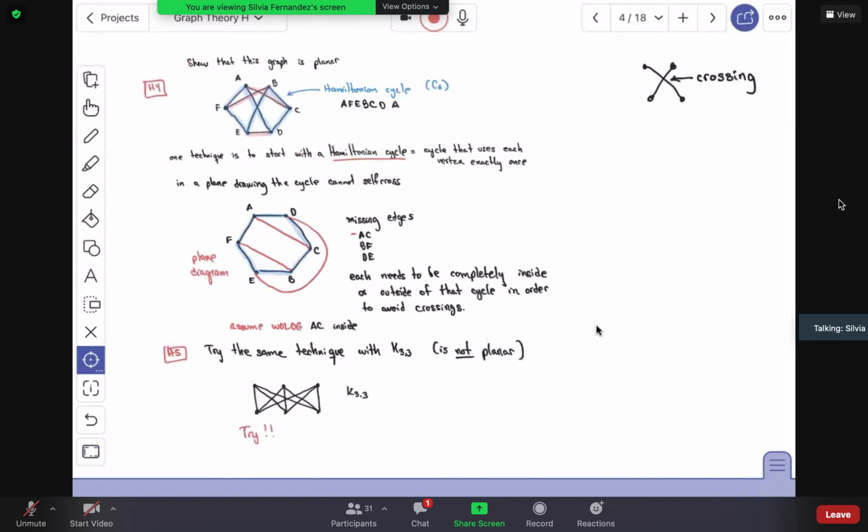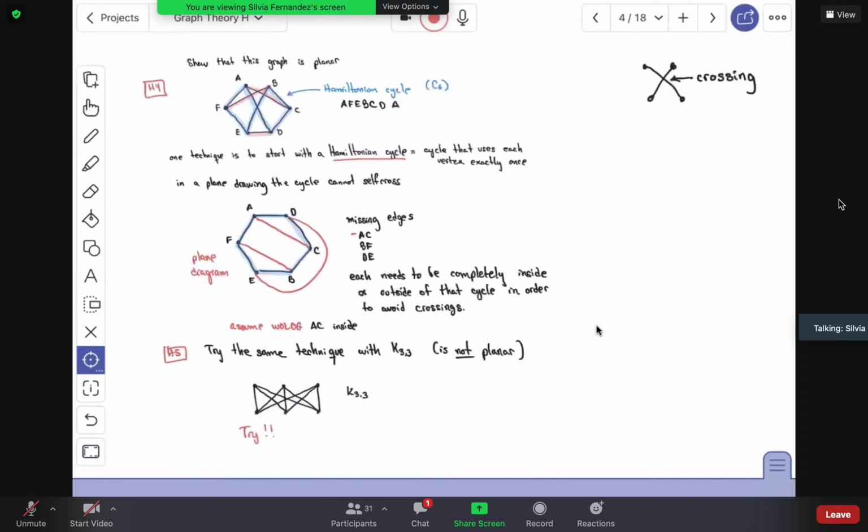So I want to show you one way. We're going to learn essentially 3 different ways in which you can prove that something is planar, or rather, non-planar. Proving that something is planar only requires you to draw the plane drawing. That might be hard, but that's all you need. You just show it, that's it.